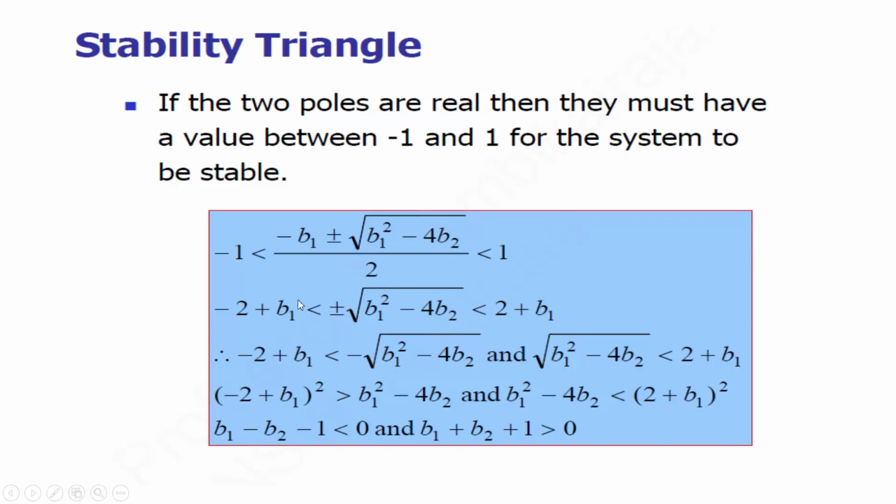You take 2 to this side, b1 to this side, and adjust the inequality like this. So -2 plus b1, one value with minus sign, the other with positive sign. Ultimately you get two equations: b1 minus b2 minus 1 is less than 0, and b1 plus b2 plus 1 is greater than 0.